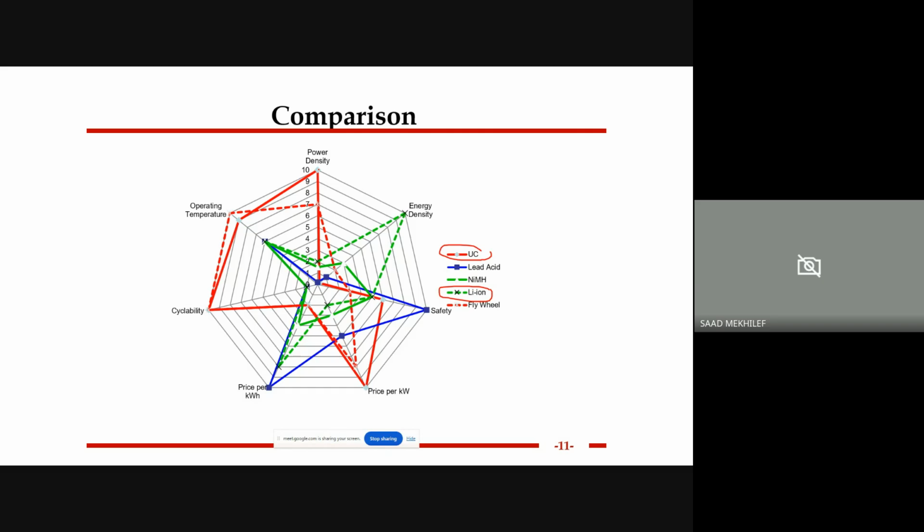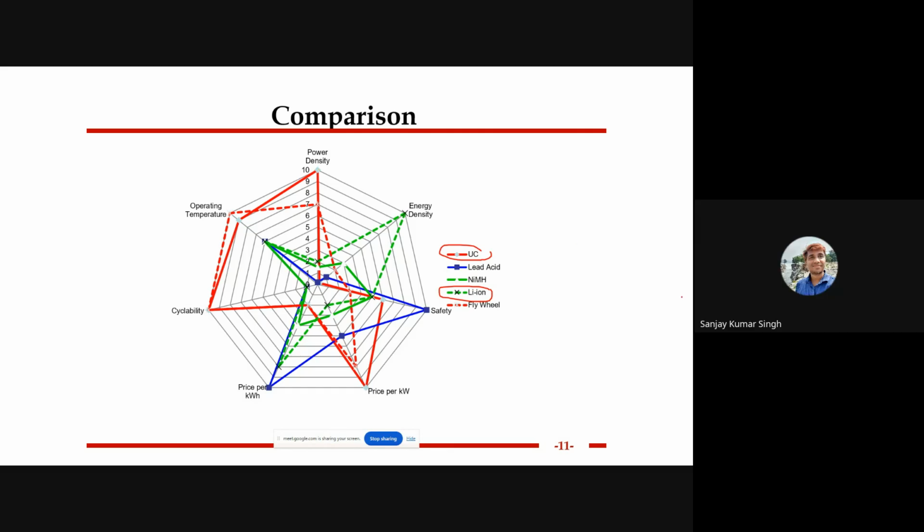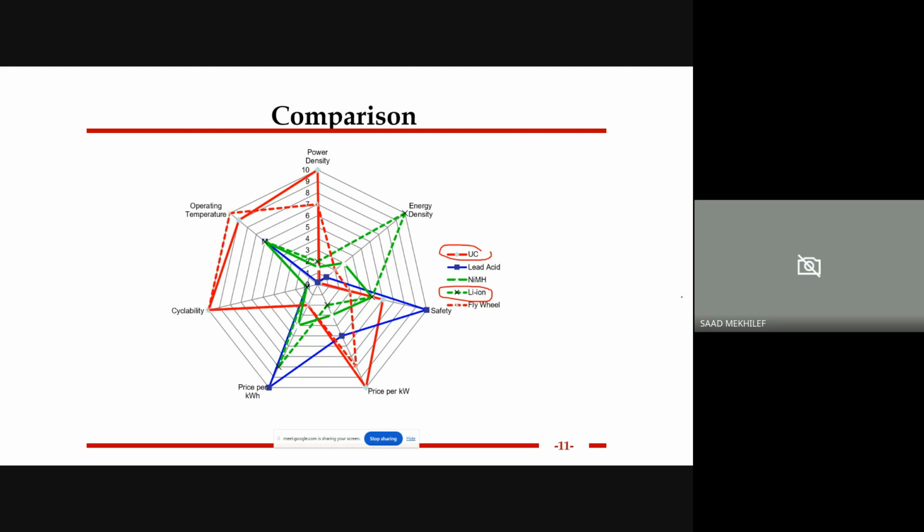So in some applications we need to combine both, for example, batteries and ultra capacitors. The ultra capacitors will give you the fast response, which can charge and discharge very fast. Batteries will provide you the duration. So that's how we select them. Okay, is this clear?